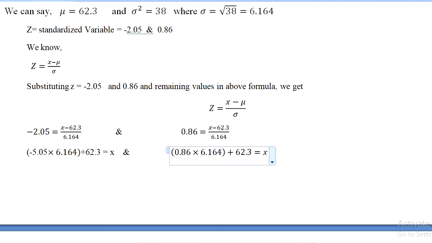Now I will calculate it in the calculator and the final answers will be: minus 2.05 into 6.164 plus 62.3, that is 74 point, the first value of x is 74.93.